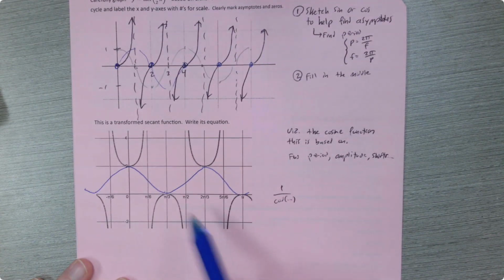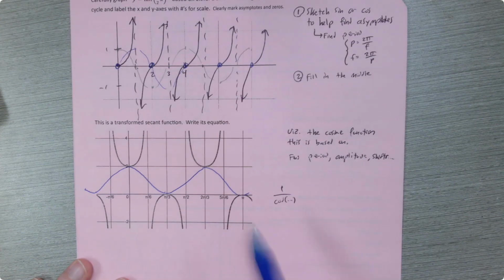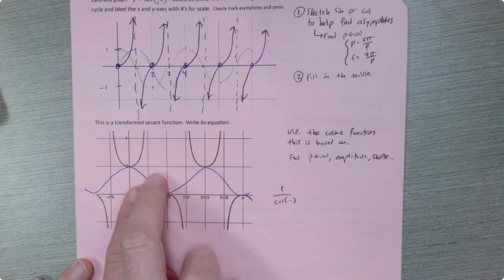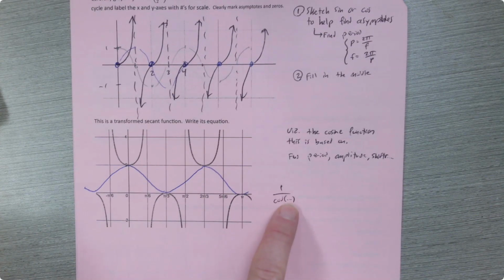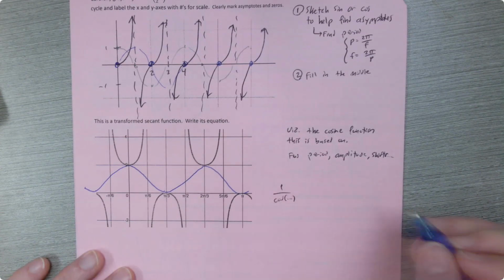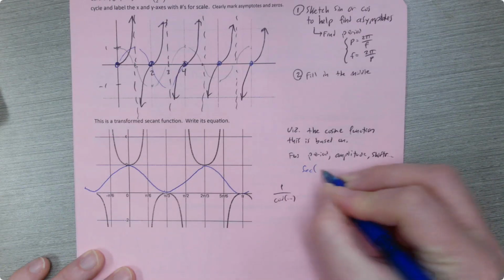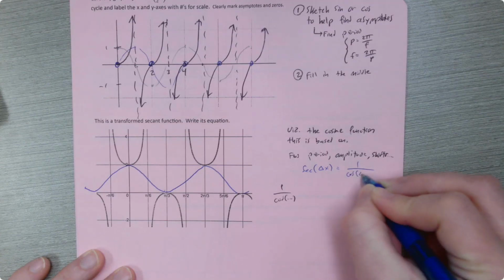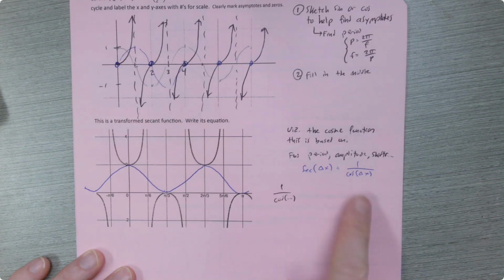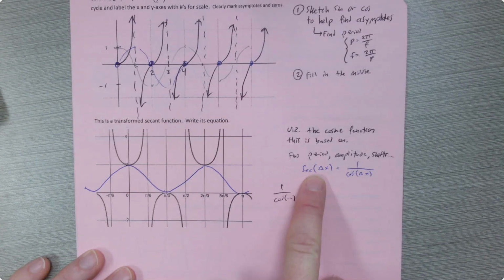So if I want to know what the secant function is, I would need to figure out the period of cosine, because that's going to give me the frequency, the number I write in here, and that number is going to be the same number I'd write in secant. For example, secant of triangle x is the same as 1 over cosine of triangle x. So if I figure out the frequency for cosine, that'll tell me the frequency for secant. And that's what I need to write the equation down.